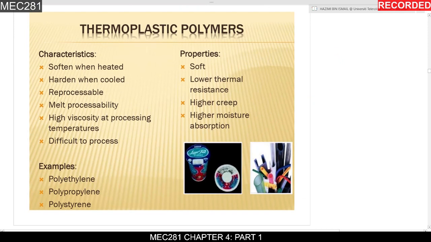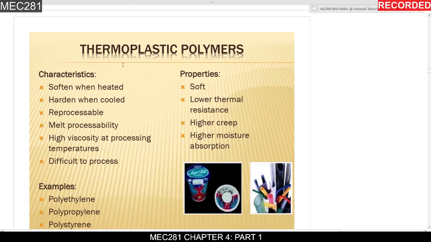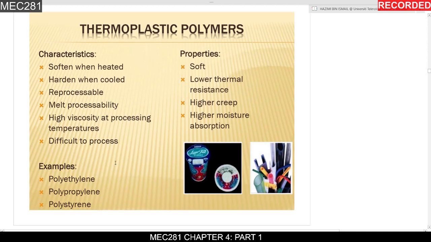Then okay, let's see the properties of thermoplastic. Because it has a weaker chain, linear and branch chain, the characteristic of thermoplastic is that mostly they soften when heated and harden when cooled, reprocessable, melt processability, high viscosity at processing temperature, and difficult to process.